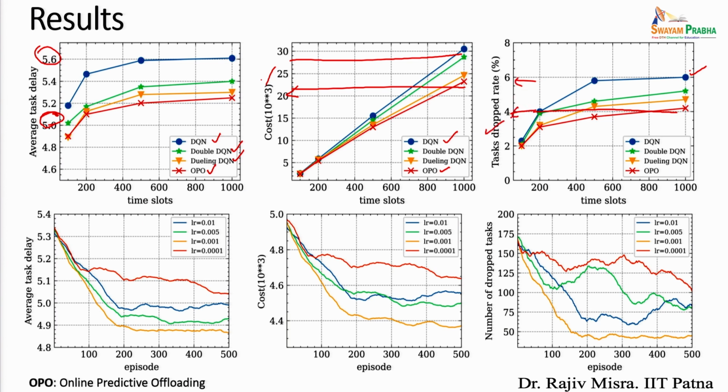So, the drop task rate is also much better compared to the other methods. Now, for the average task delays, you can find that these algorithms are giving better results in these parameters.